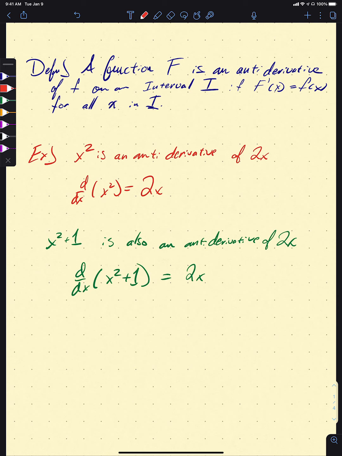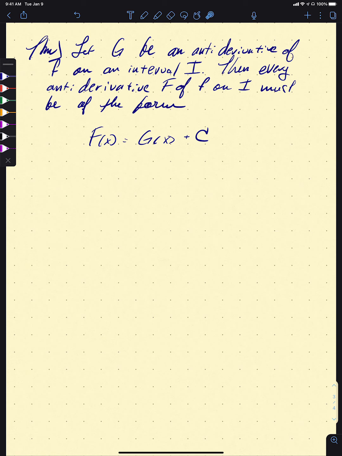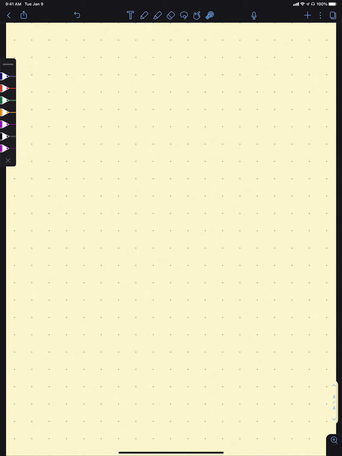But since x squared is an antiderivative, all of the antiderivatives of 2x look like x squared plus c. Okay. And with this theorem, we can actually start to work towards developing this idea of taking antiderivatives.